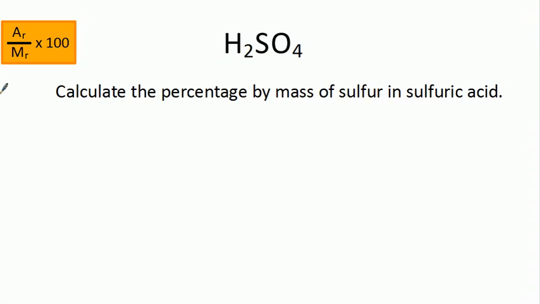So I thought I'd start by going straight in with an example. Sulfuric acid, and the question here is calculate the percentage by mass of sulfur in sulfuric acid. So we're interested in sulfur.